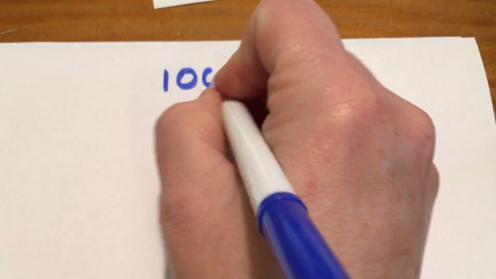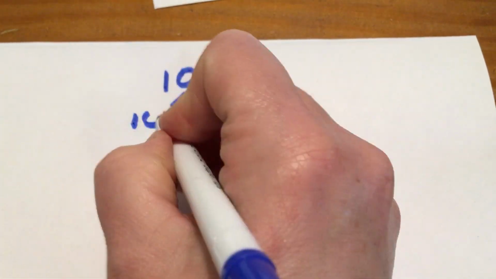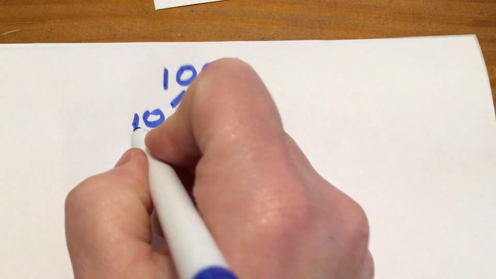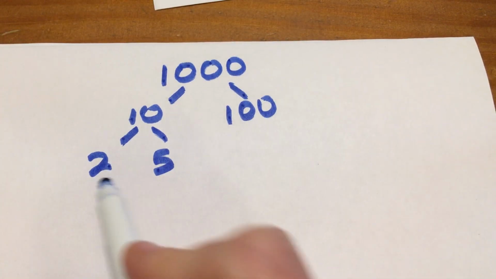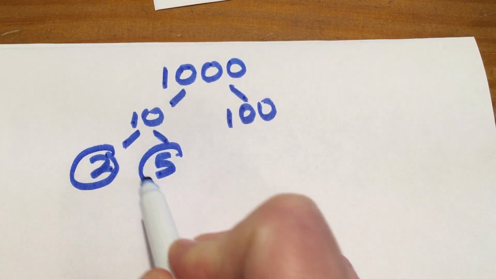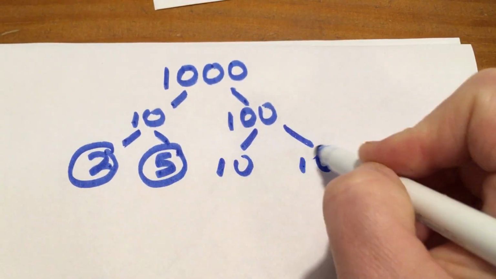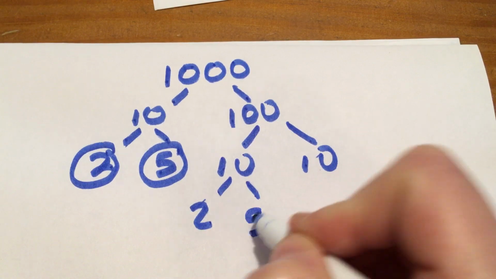If you were to take the big number 1,000, let's break this up. 10 times 100 is 1,000. 2 times 5 is 10. It just so happens that both of those are primes. 10 times 10 is 100. 2 times 5 is 10.